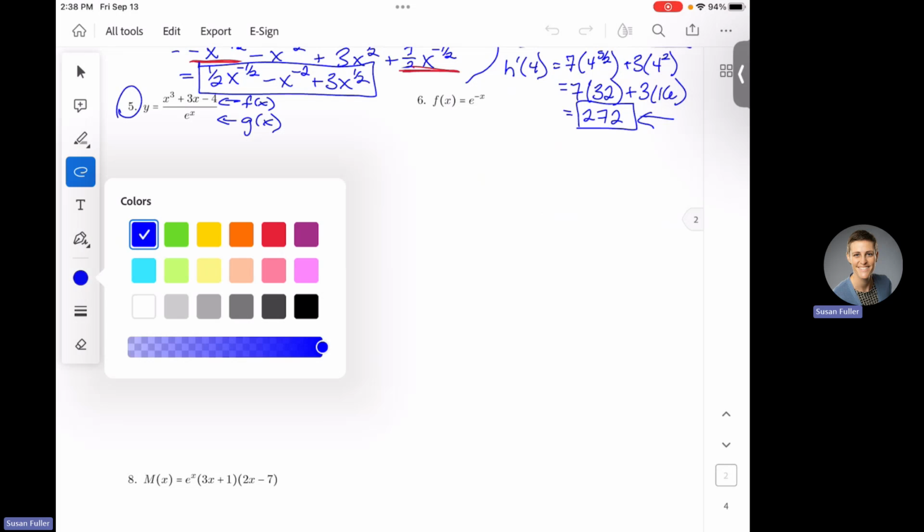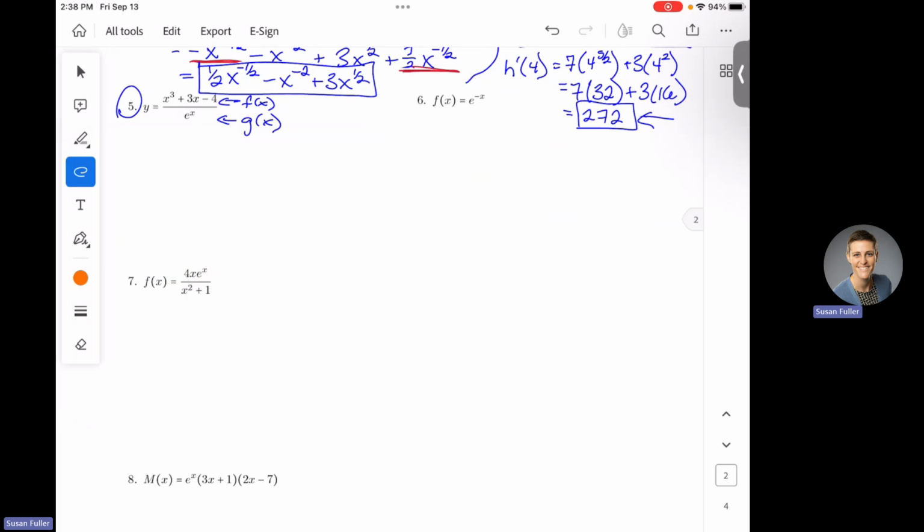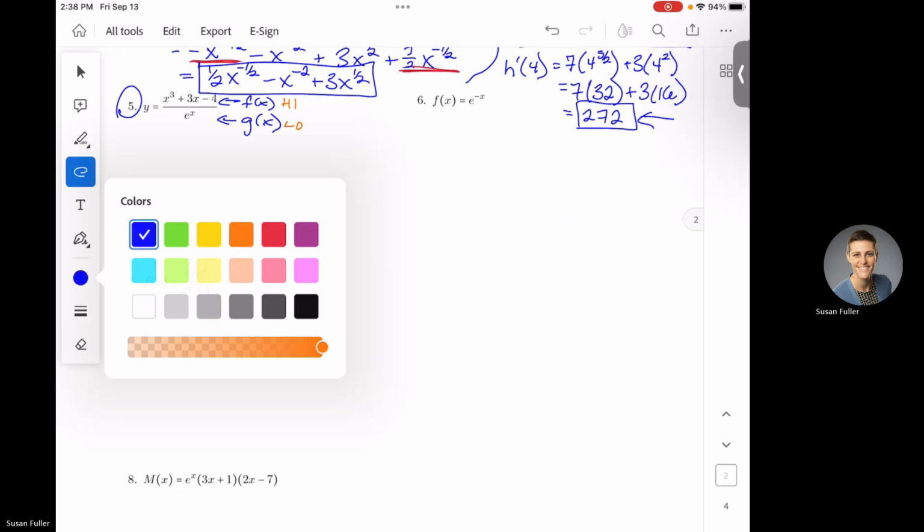Or if you like my mnemonic aid, the top f of x is high, the bottom g of x is low. Okay.